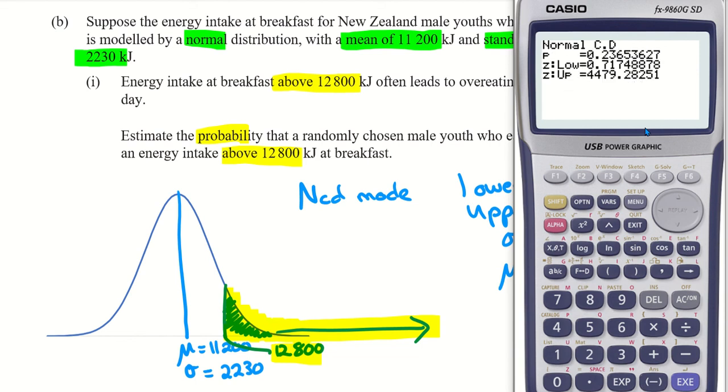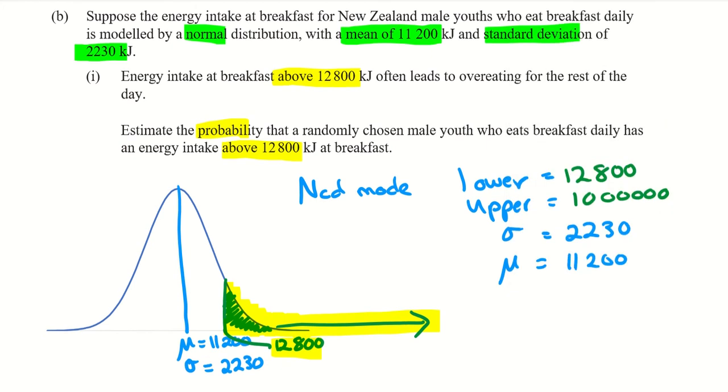And that gives us a probability there of 0.2365. Okay, just going to go to 4 decimal places. So 0.2365. So P equals 0.2365. And there is our answer.